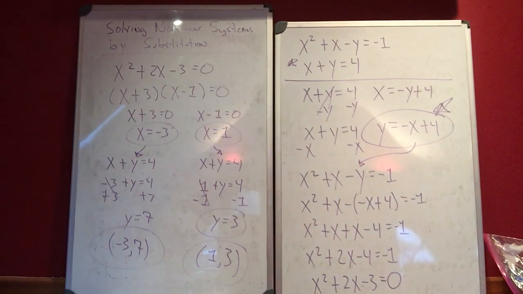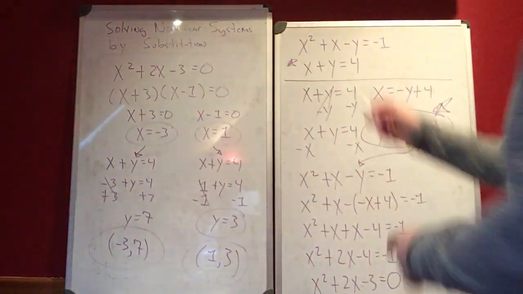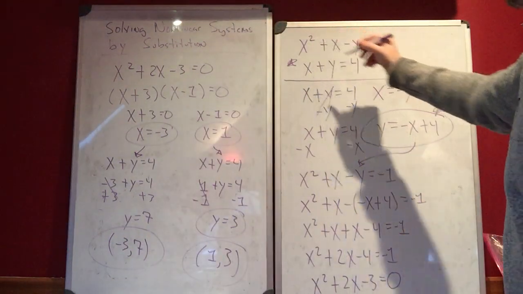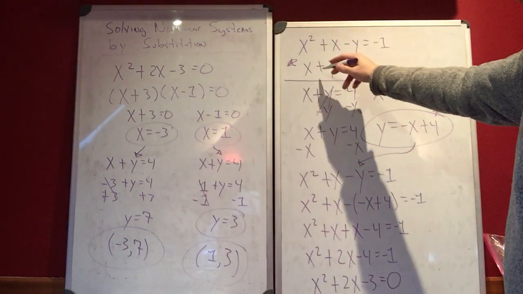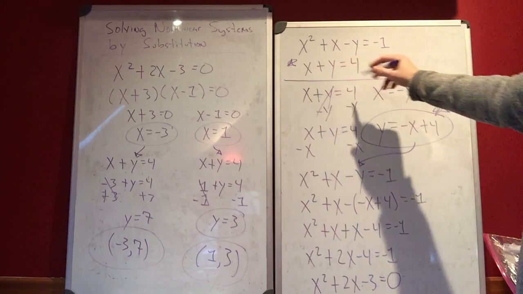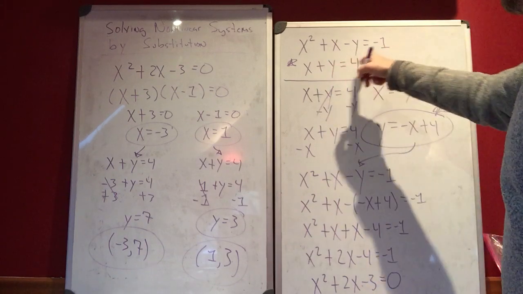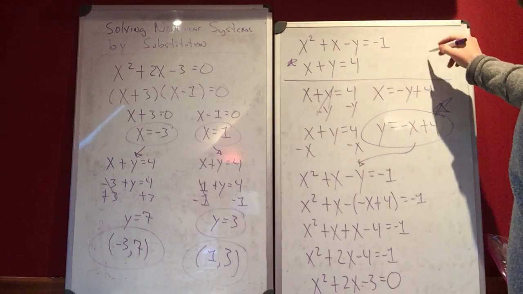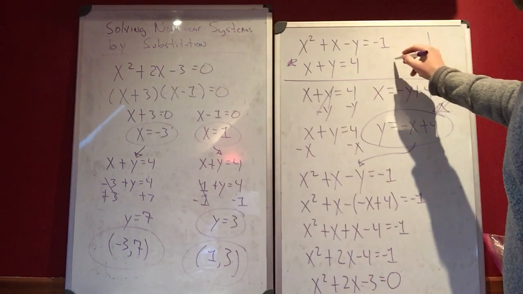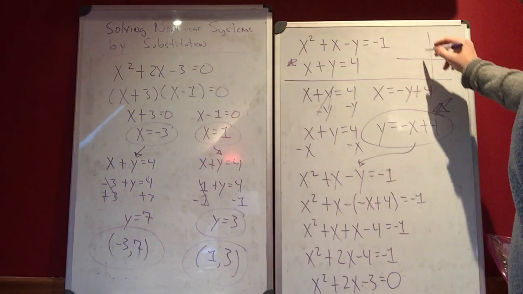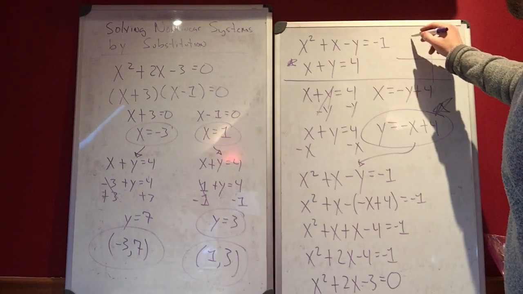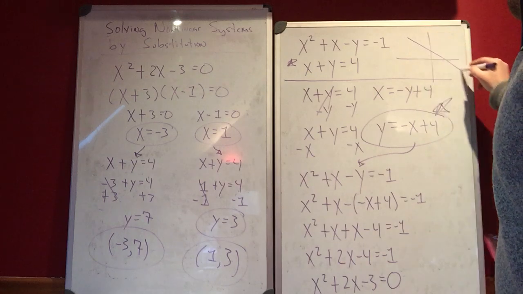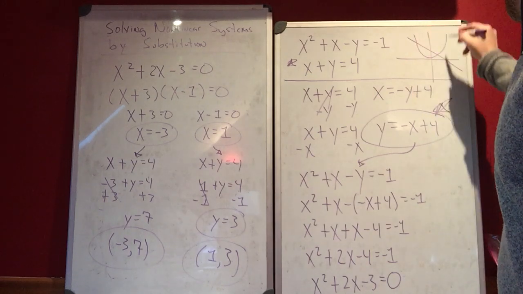So this system, right? This quadratic, it's a smiley face, right? And this line, it's got a negative slope, because if we solve that, y equals -x plus 4, right? This system is going to have 2 points of intersection, right? It's going to probably look something like that, okay?